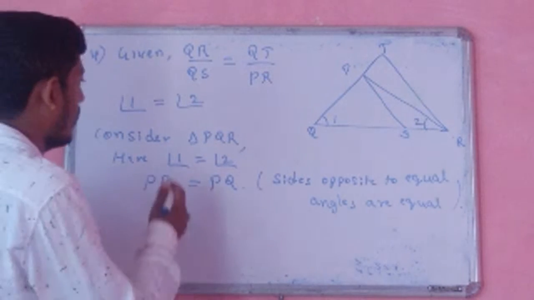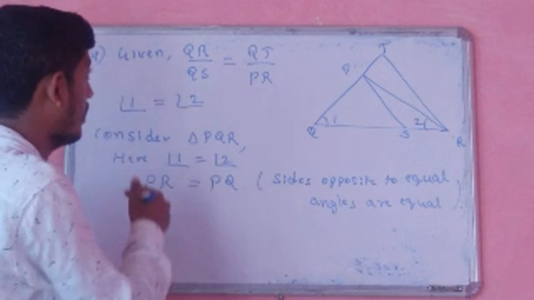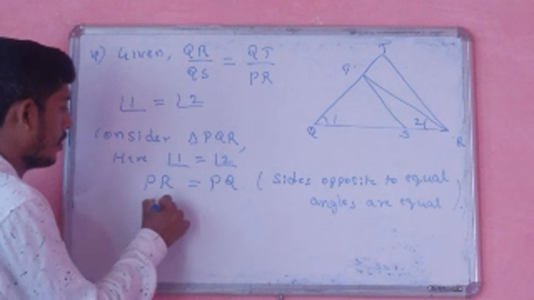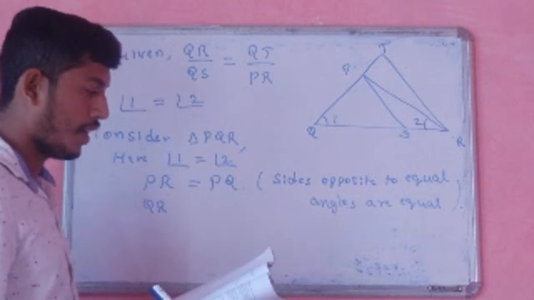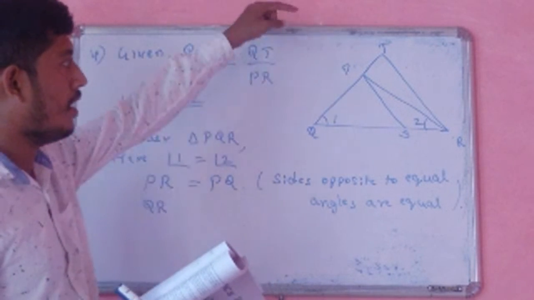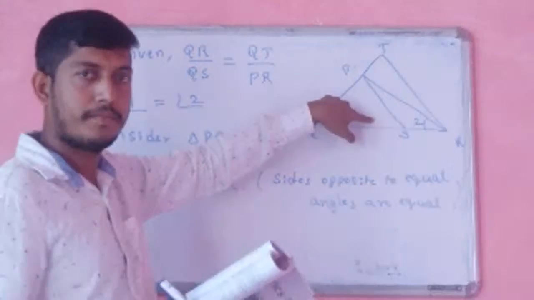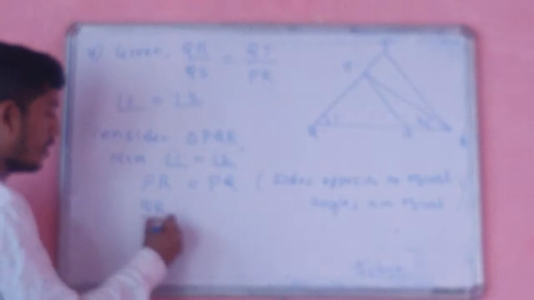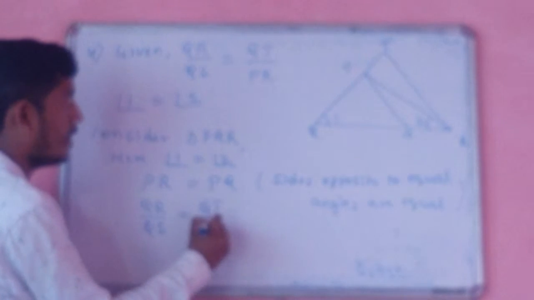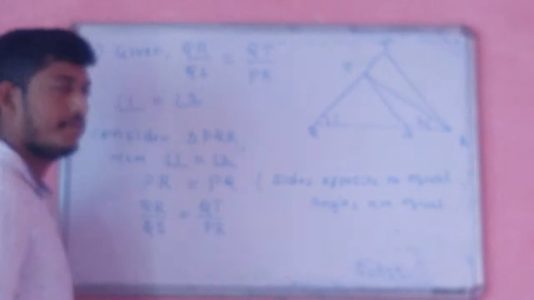Okay, then what are the given data? The given data is QR divided by QS is equal to QT divided by PR.